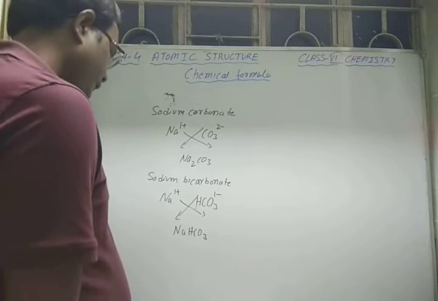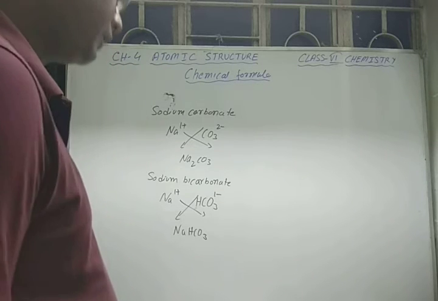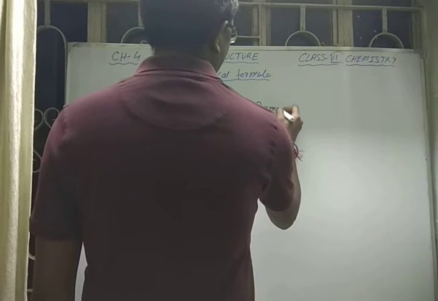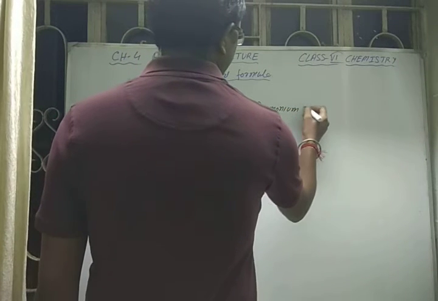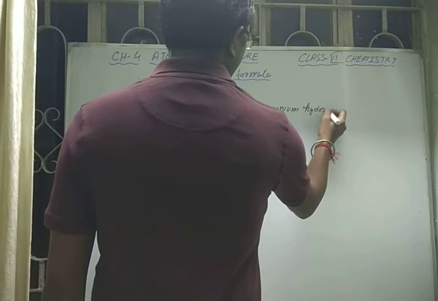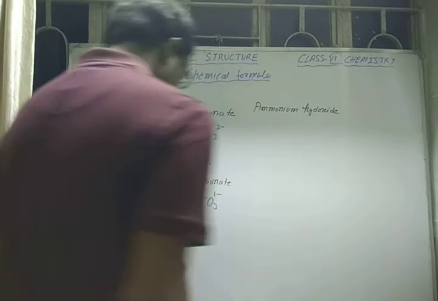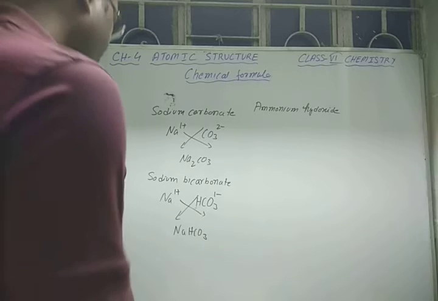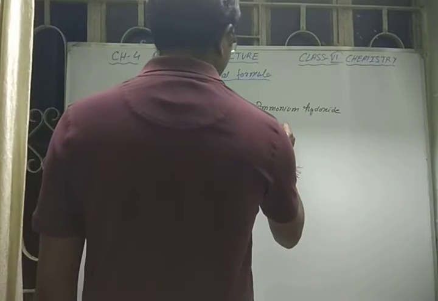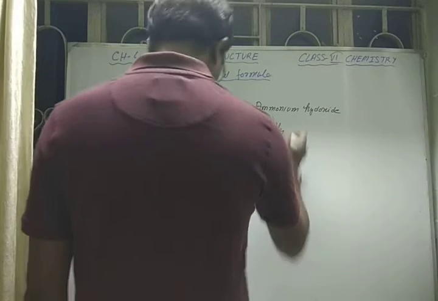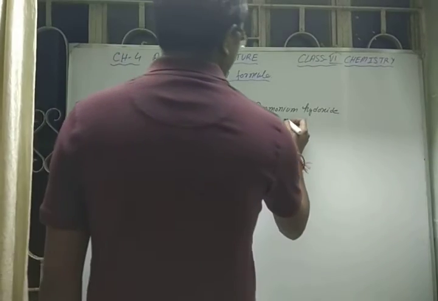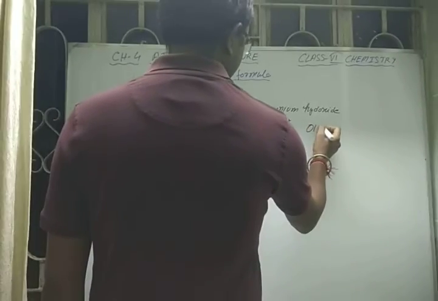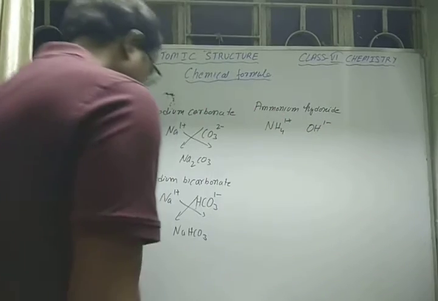Now we will make the formula of ammonium hydroxide. Again you have to write the symbol of ammonium, NH4, which is 1 plus, and hydroxide is OH, 1 minus.